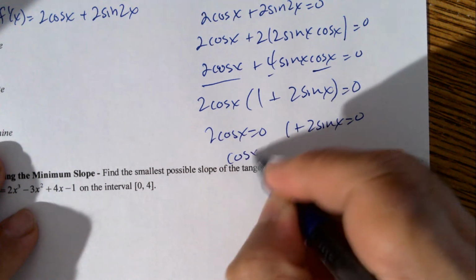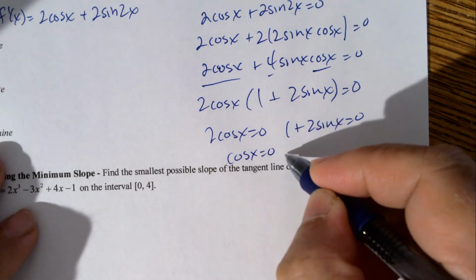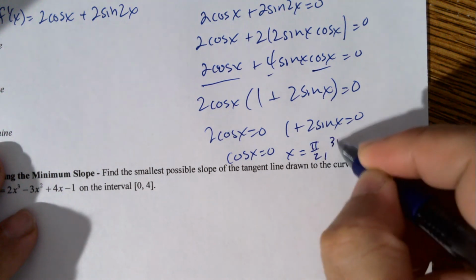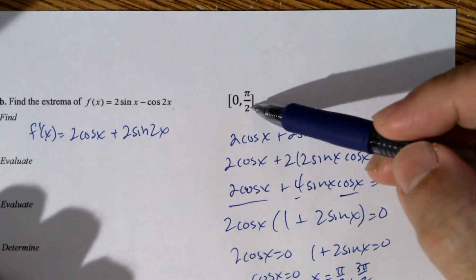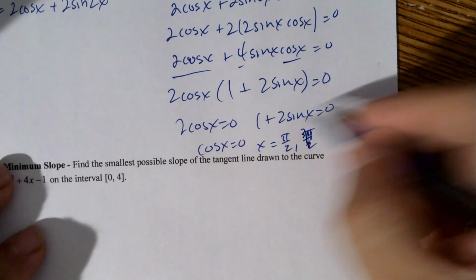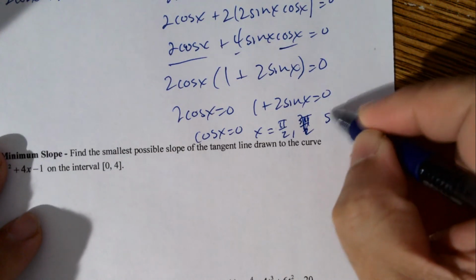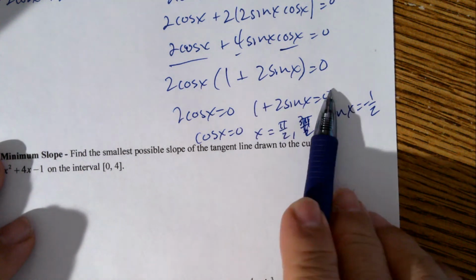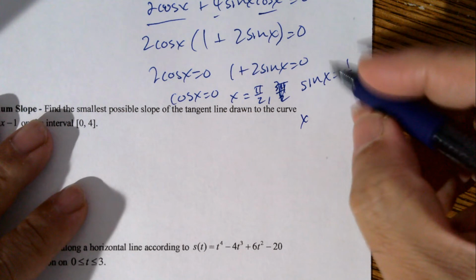Cosine x equals 0 when x equals pi over 2 and 3 pi over 2. And I notice that 3 pi over 2 is not in this interval, so we don't worry about that one. And 1 plus 2 sine x equals 0 when sine x equals -1/2, right? I just bring the 1 over and then divide by 2. And that's going to give me, what is that?